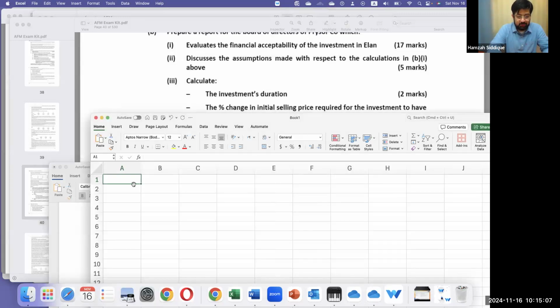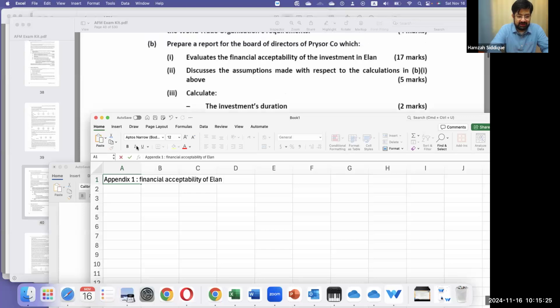So we'll be starting with appendix 1, financial acceptability of Elan. We can write its question part as well, Part B first, of investment in Elan. Like this.